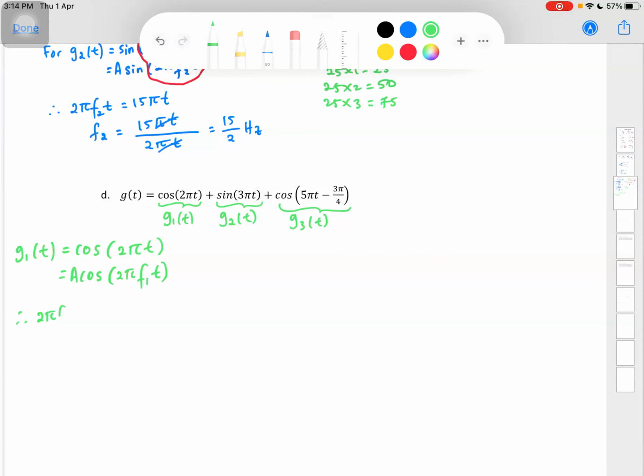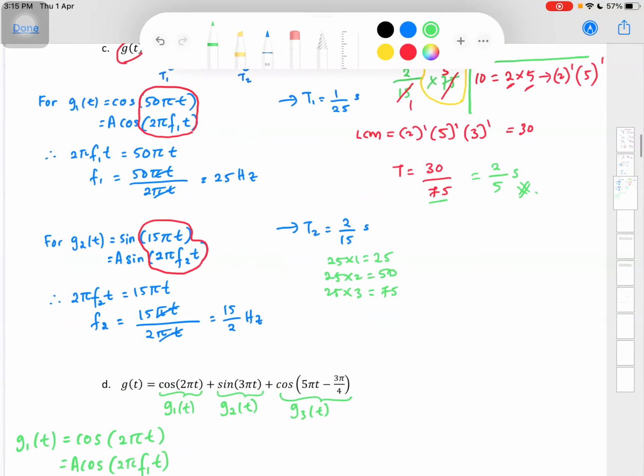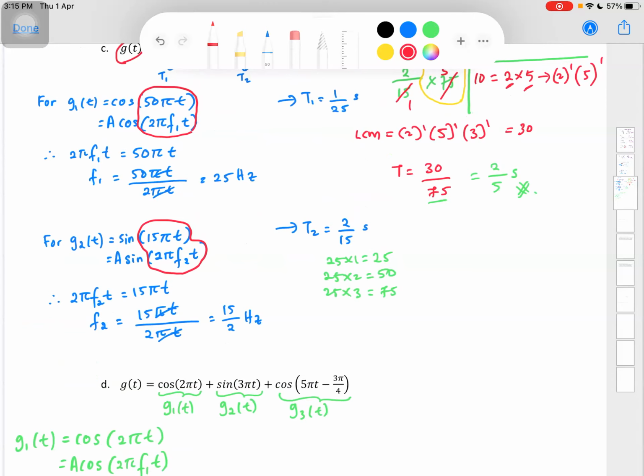So we have 2 pi f1 t equals to 2 pi t. Therefore we can calculate f1, which is in this case 1 Hz. And so we have T also 1 second.